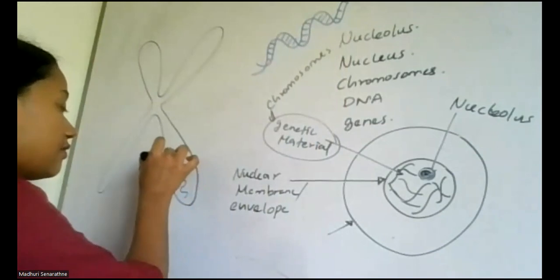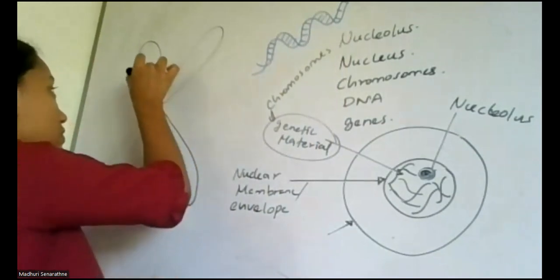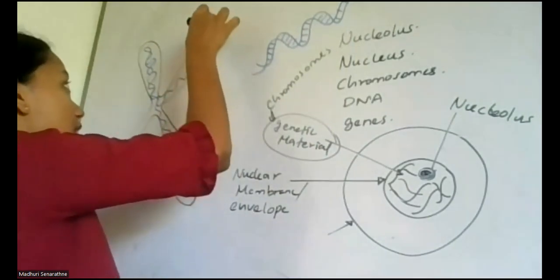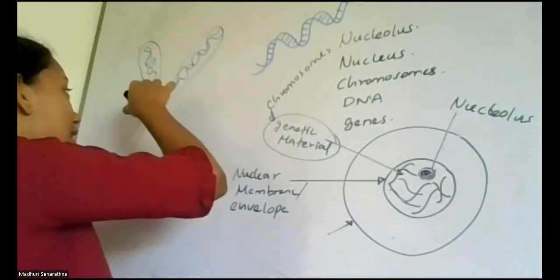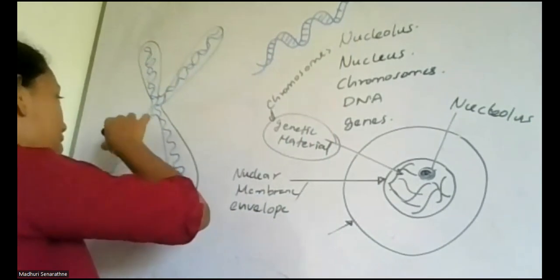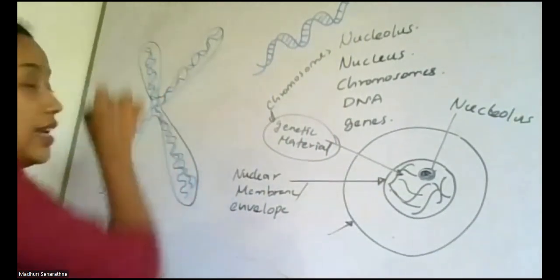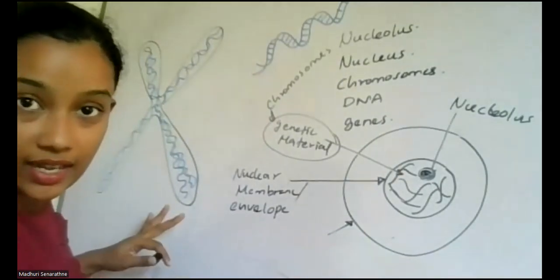Within one chromosome, we can see only one DNA molecule, but it is extremely enlarged. It is a very long structure, but it's still a single DNA.